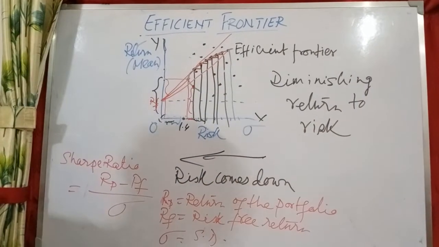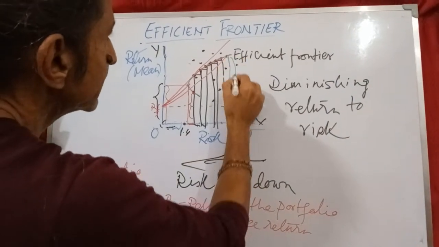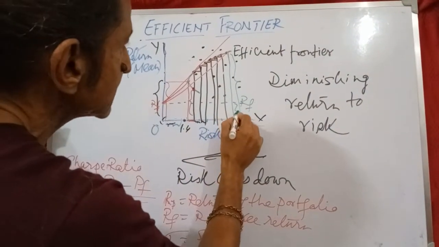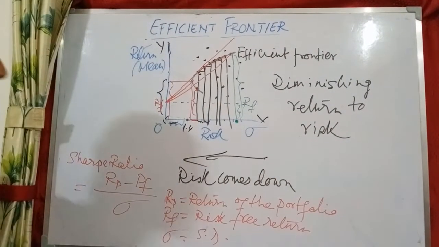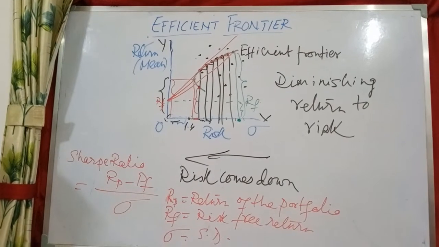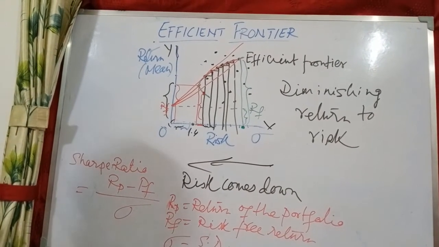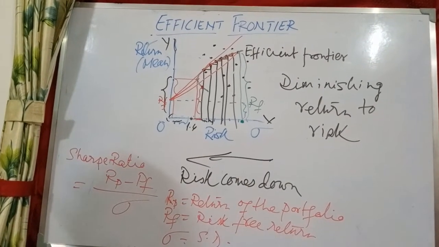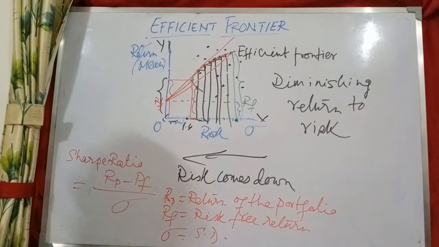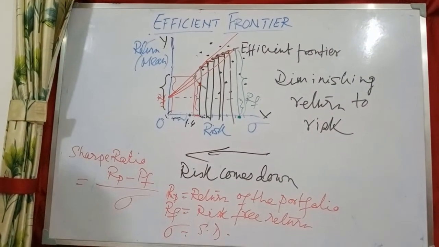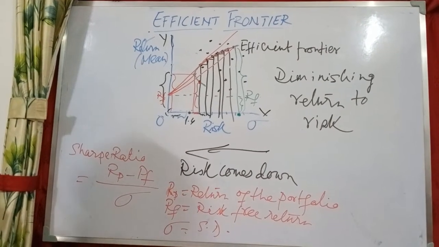This is RF. So this minus this divided by the risk at this point. So Sharpe ratio shows how the portfolio is maximizing return subject to a given level of risk.